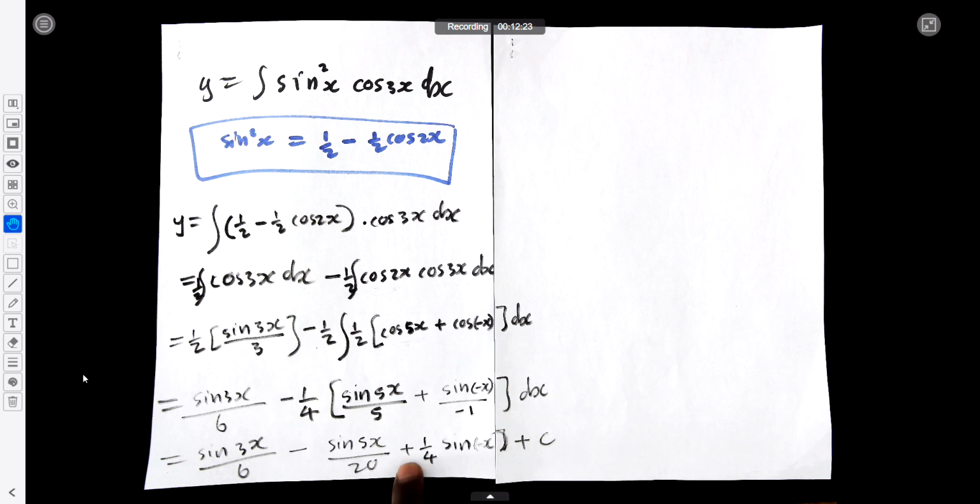It's not the reduction of angles, it's making the angle of sine and cosine positive. So you'll have negative 1 over 4 sine x.